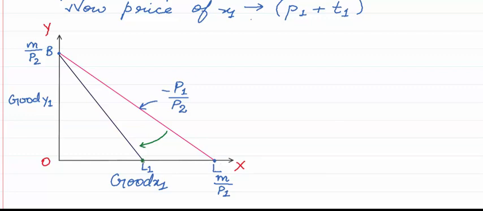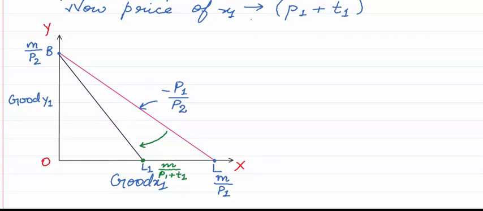At point L1, the intercept would be given by M, money income of the consumer, divided by price of X1, that has changed from P1 to P1 plus T1. The intercept on the y-axis remains same because there is no change in income of the consumer or the price of Y1 goods.